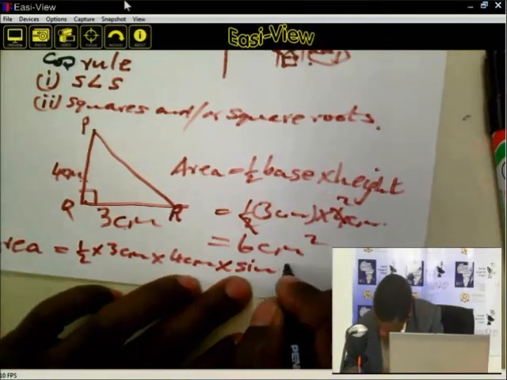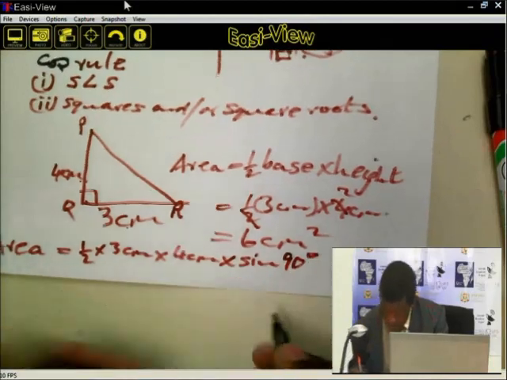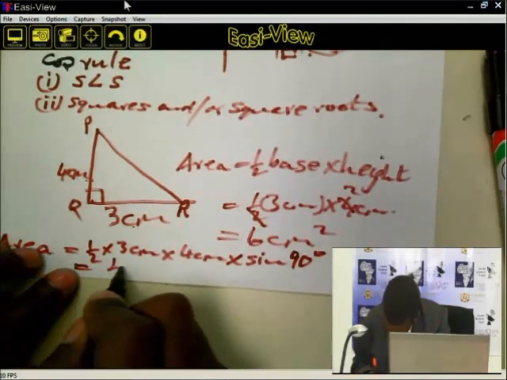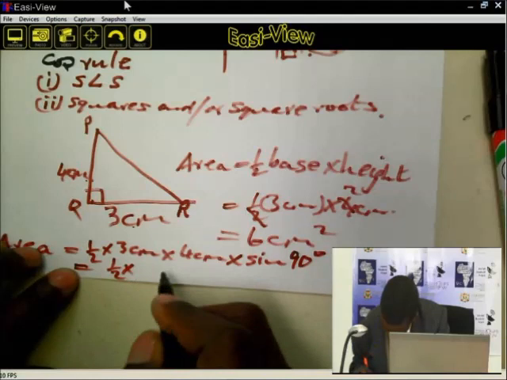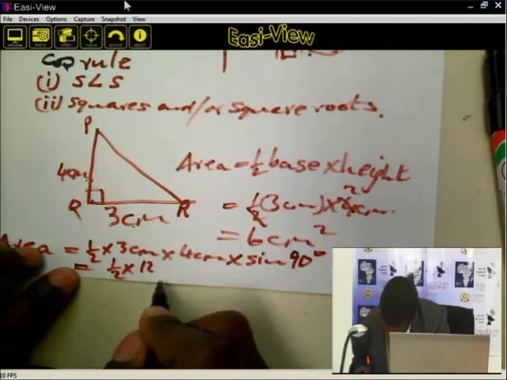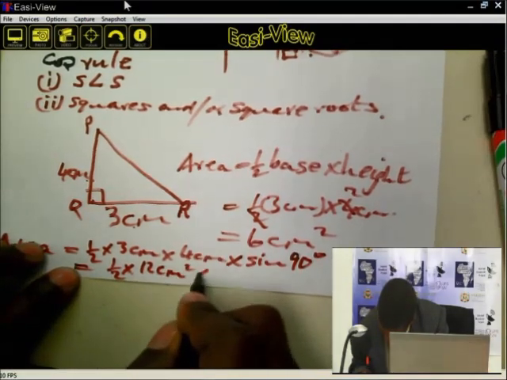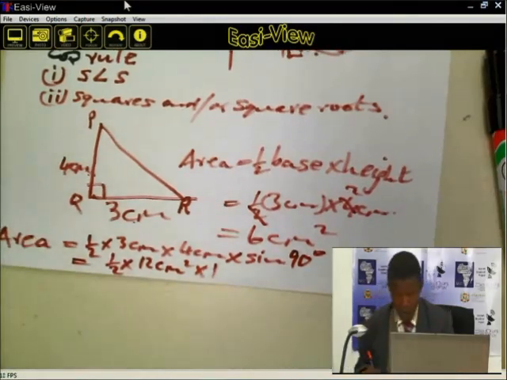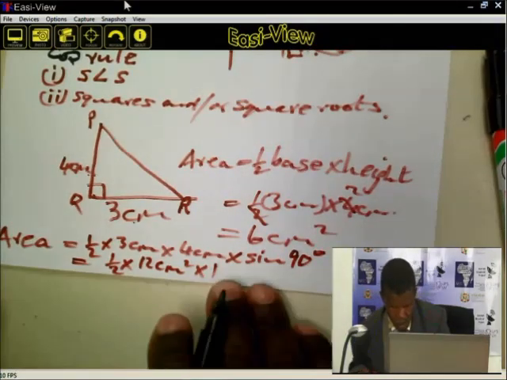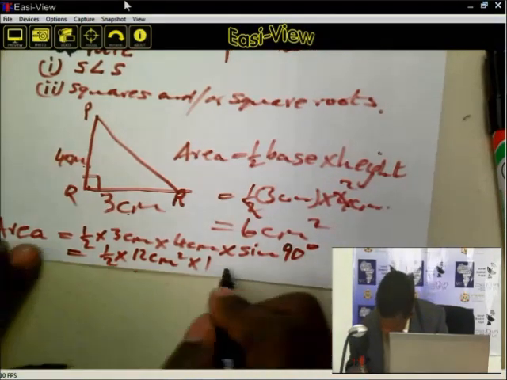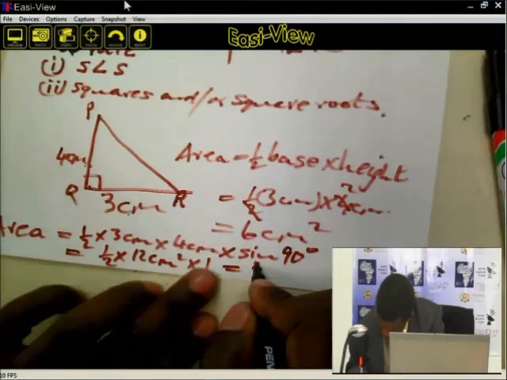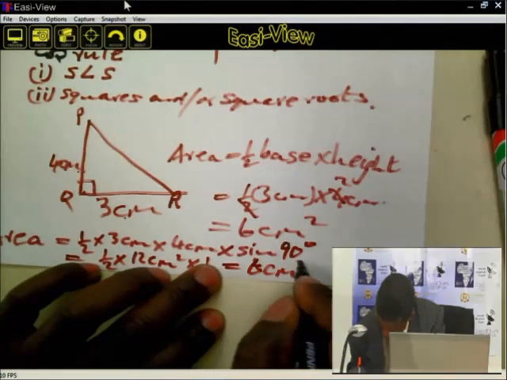So it will be the sine of 90. Now, you have half times 3 times 4 is 12 centimeter squared times 1, because the sine of 90 degrees is 1. You still have your 6 centimeter squared.